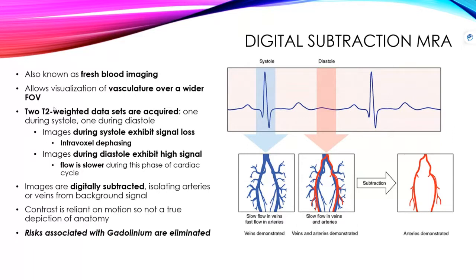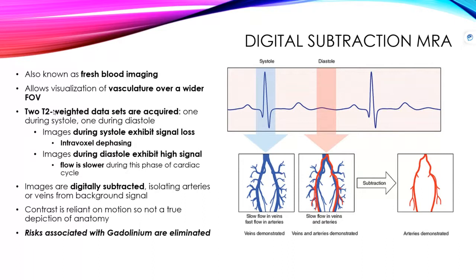What we pretty much do is we collect 2 T2 weighted data sets. Notice that we're doing T2 weighting for this bright blood imaging. When we were talking about conventional MRI, we were using T1 weighting because T1 weighting eliminates the fluid signal, and that's what we were trying to do. Now we're actually wanting to see the fluid signal, so we're gonna do whatever we can to make that happen.